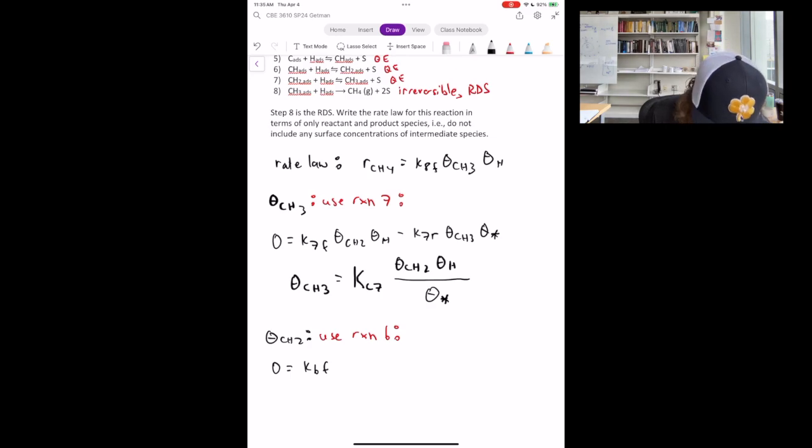And again, I'm writing down an elementary step for this reaction, assuming it's reversible, and that the net rate of this reaction is equal to 0. And in doing that, I can solve for this coverage.